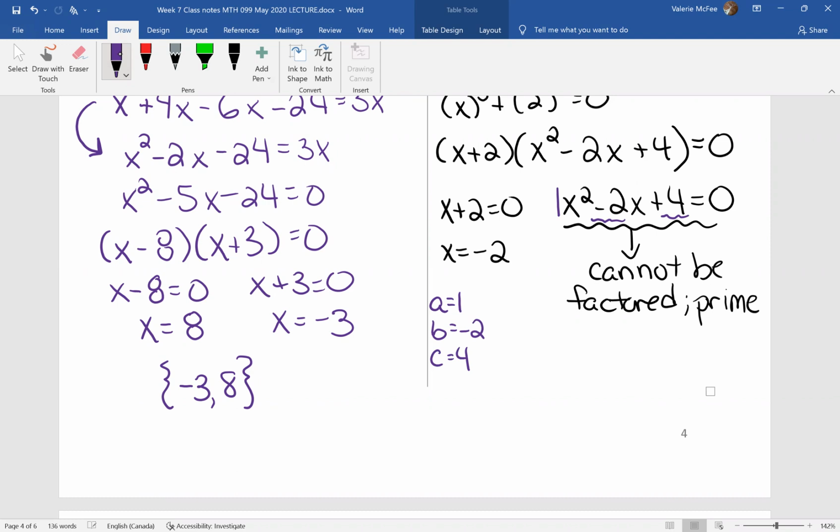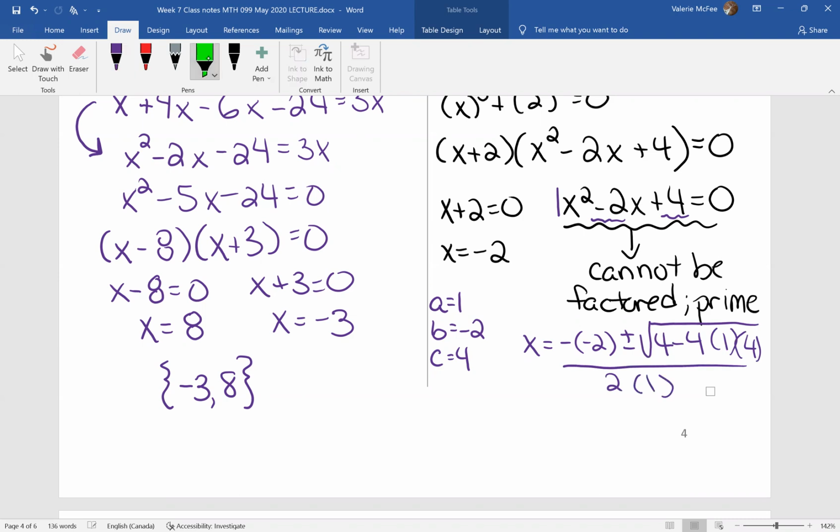The quadratic formula tells us that x equals the opposite of b plus or minus the square root of b squared, while -2 squared is 4, minus 4 times a times c, all over 2 times a.